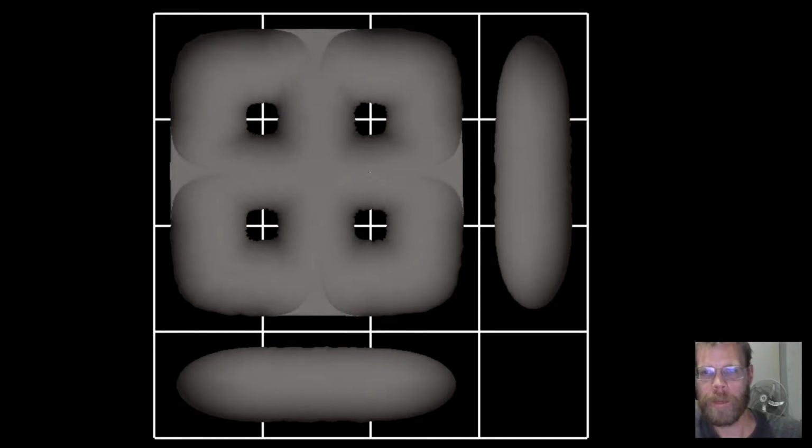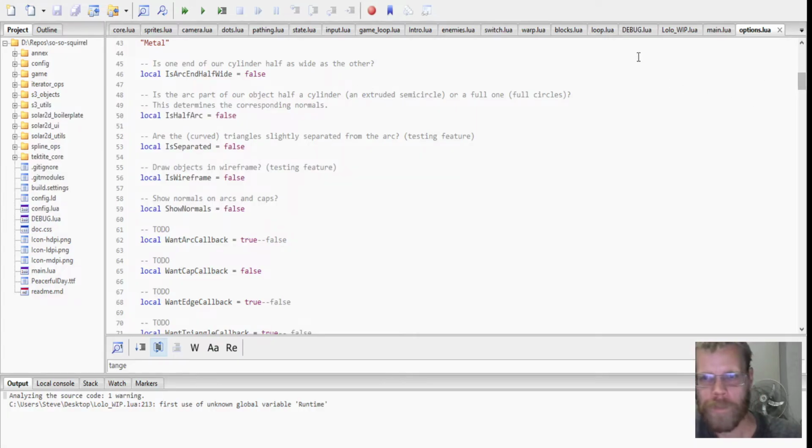So I like the metal one, but they're all decent. I had several of these things that were used for testing or to make specific types of geometry.